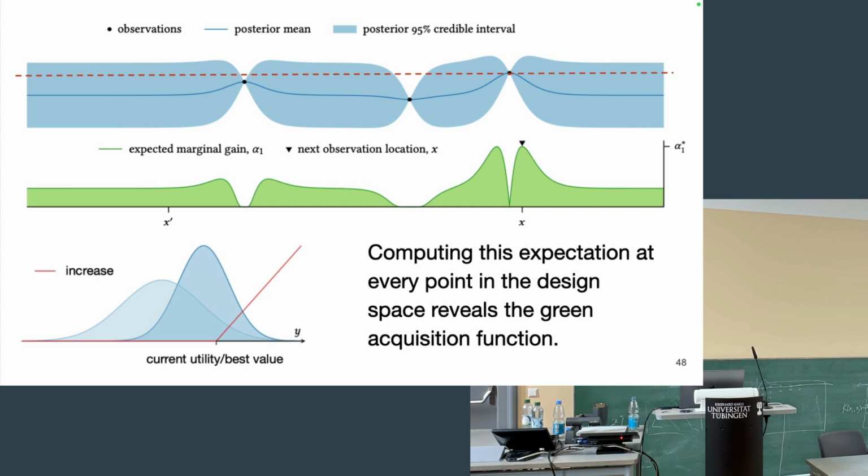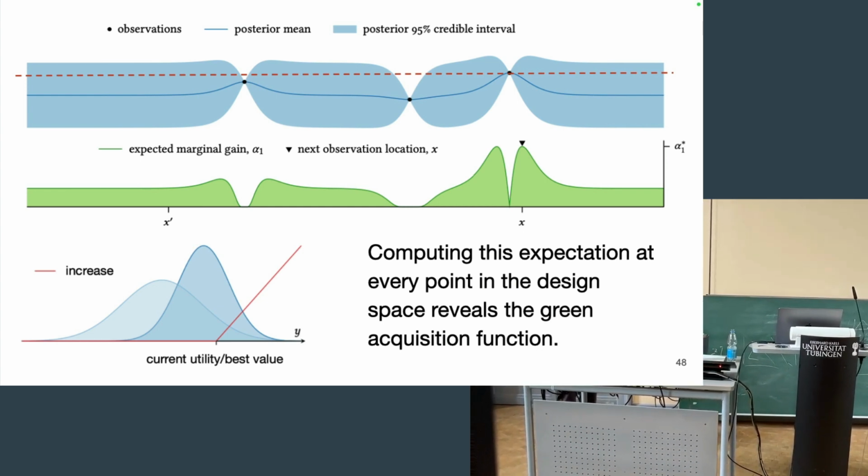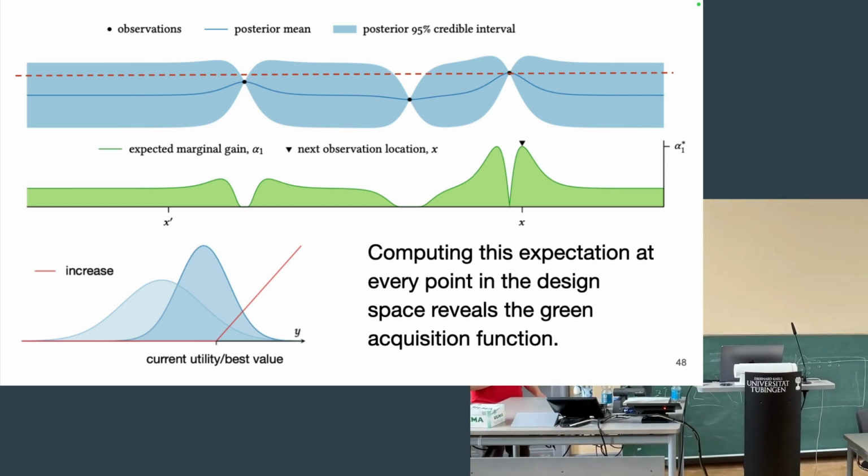In the lower left, I have a plot. Now the y-axis here, and the upper plot has become the x-axis. The tick mark along the x-axis in the lower left is the height of that dashed red line. That's the utility of my current data set. The piecewise linear red curve in the lower left is showing the increase in utility that would occur when moving from my current data set to a data set with one more data point inside of it, as a function of what the measurement I make is.